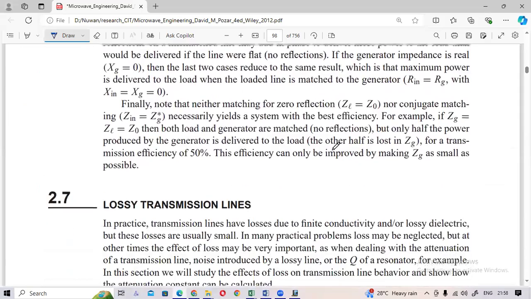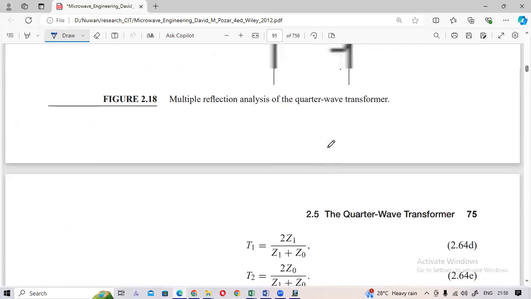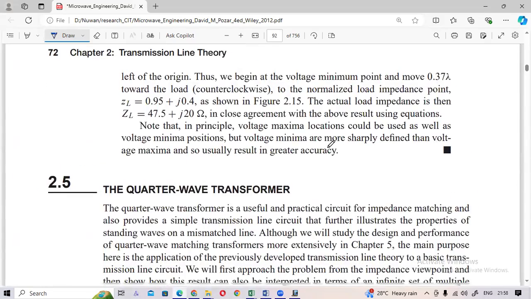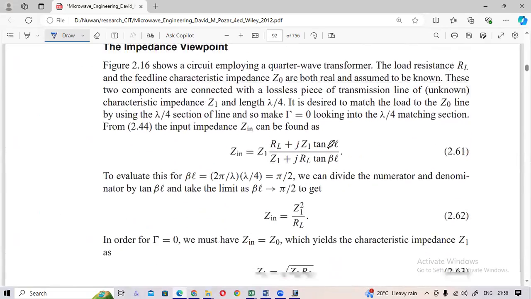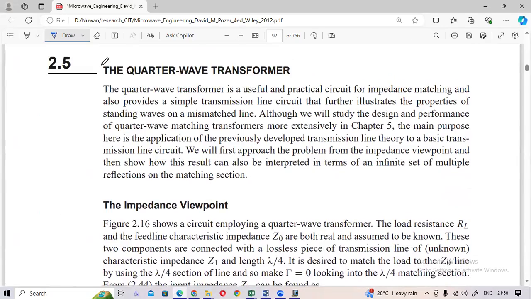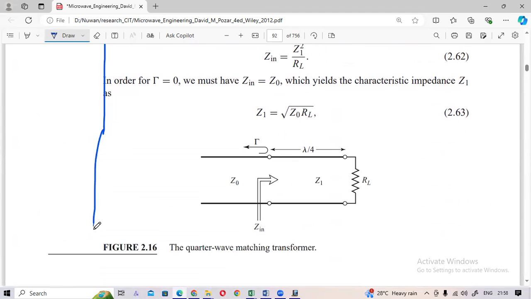So here the quarter wave transformer is there. You can just read this and you can get a good idea. So this is the quarter wave transformer.